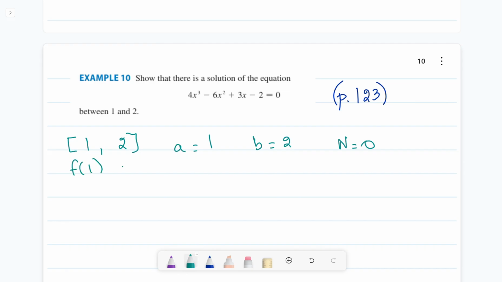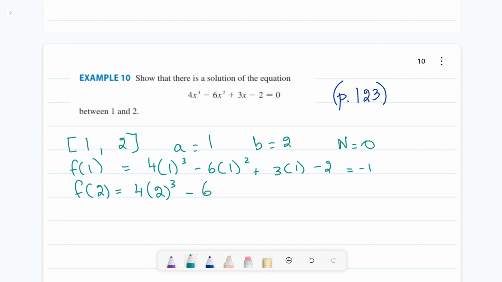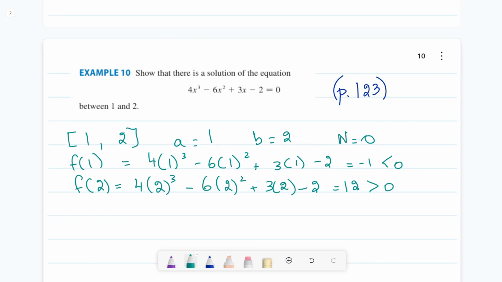Now let's try to find f of 1. This is equal to 4 times 1 cubed minus 6 times 1 squared plus 3 times 1 minus 2, which is equal to negative 1. Let's find f of 2. This is 4 times 2 cubed minus 6 times 2 squared plus 3 times 2 minus 2, which is 12. Notice how f of 1 is less than 0 and f of 2 is greater than 0.